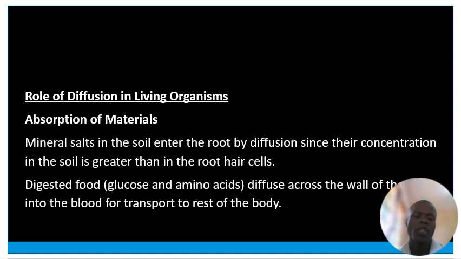Plants obtain mineral salts through the roots by the process known as diffusion. This is the first primary function of diffusion, which normally functions in the roots of plants.